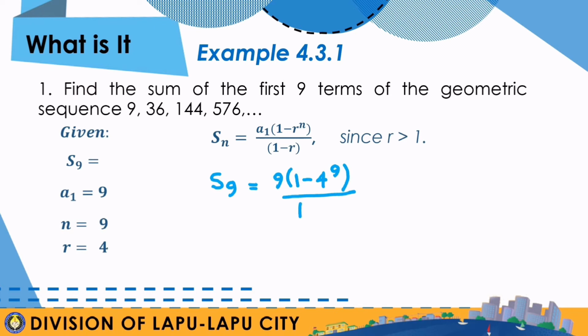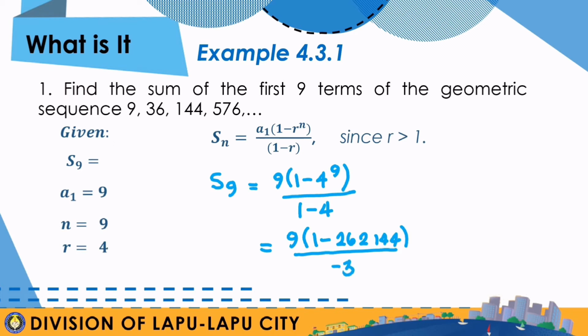over 1 minus 4. Equals 9 times 1 minus, now let's expand. What is 4 to the exponent 9? Get your calculators, that will give you 262,144. And then 1 minus 4 is a negative 3.